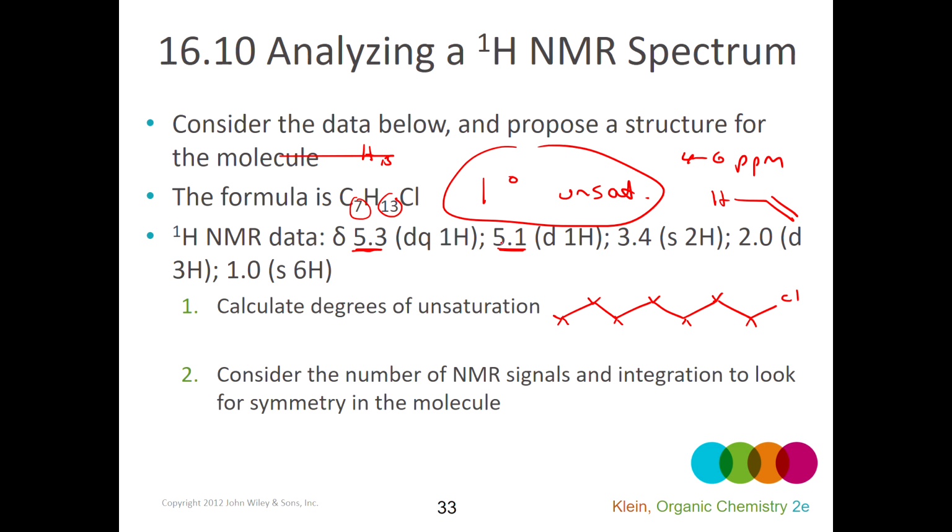So the fact that I've got signals right in the area where I expect to see hydrogens attached directly to a double bond, or vinyl hydrogens, suggests that my 1 degree of unsaturation probably is going to take the form of a pi bond. So I know my structure is going to have a pi bond. Now I want to look at these NMR signals. What are they telling me?